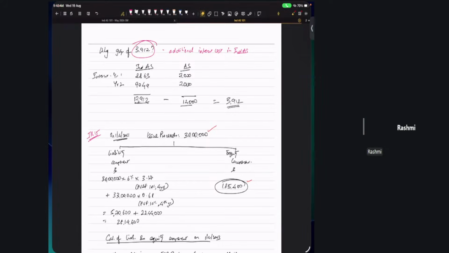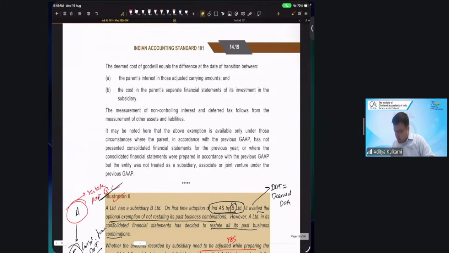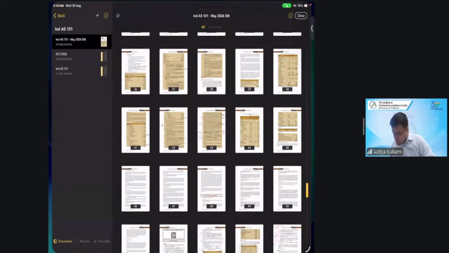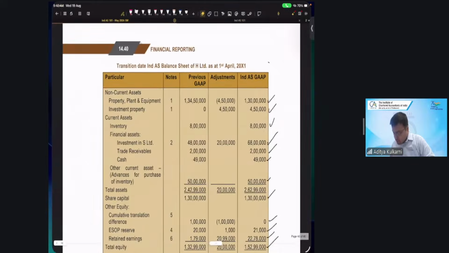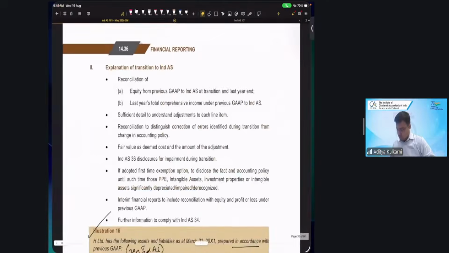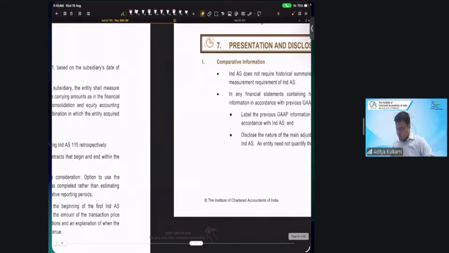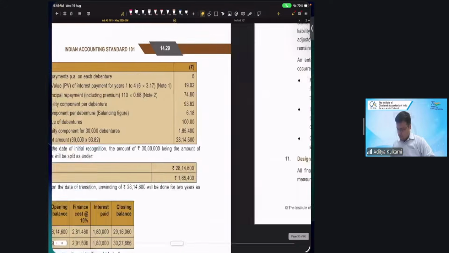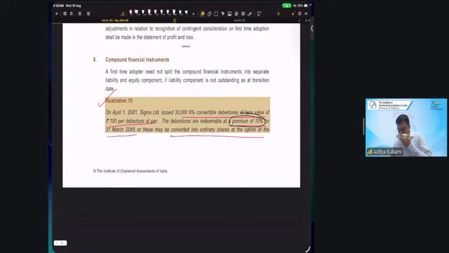Okay. So what I want you to do is, there is one illustration 15. I want you to try this for homework.